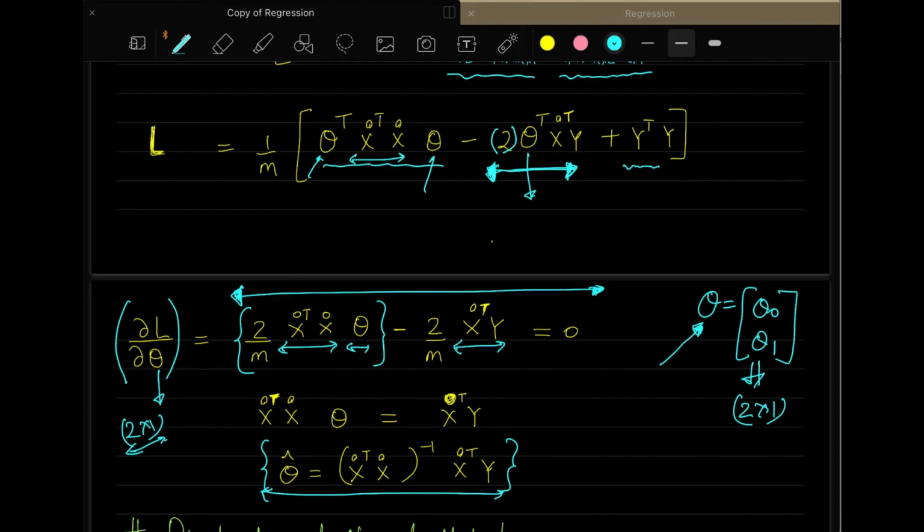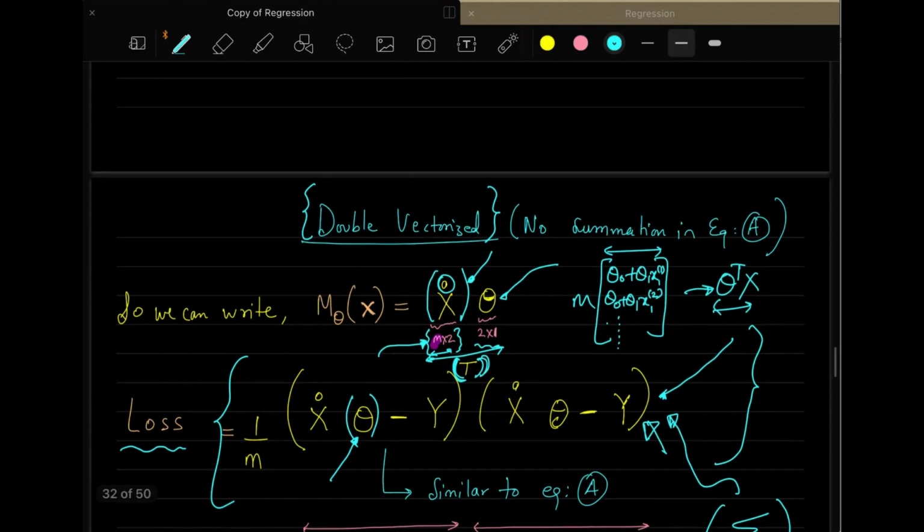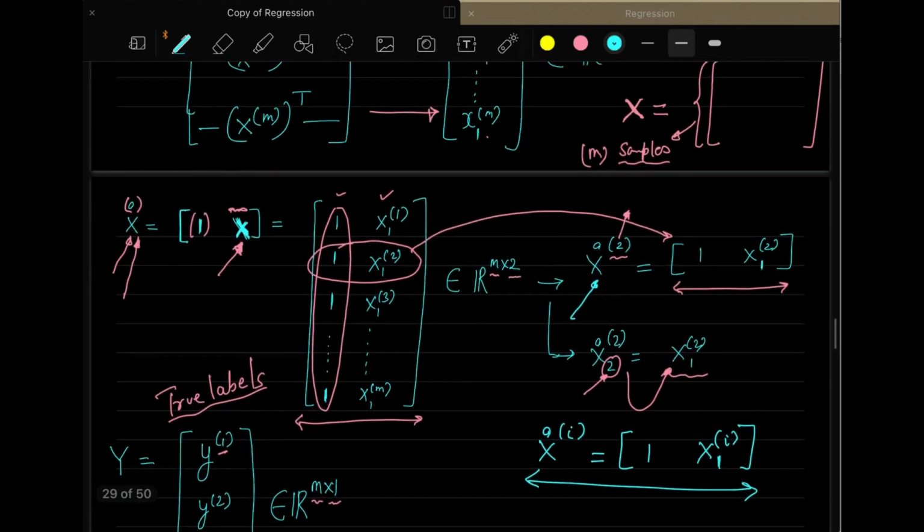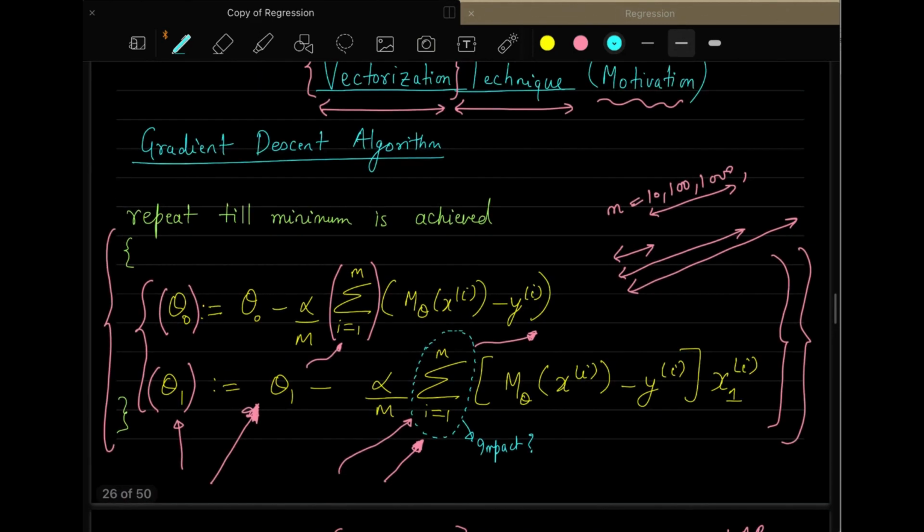The important thing is, you don't want to do any iterations like the ones we were doing here. We were doing step by step iterations, right? In gradient descent, if you see here, we were repeating these steps till the minimum is achieved. So we are repeating the updates of theta 0 and theta 1 continuously till we reach the minimum.